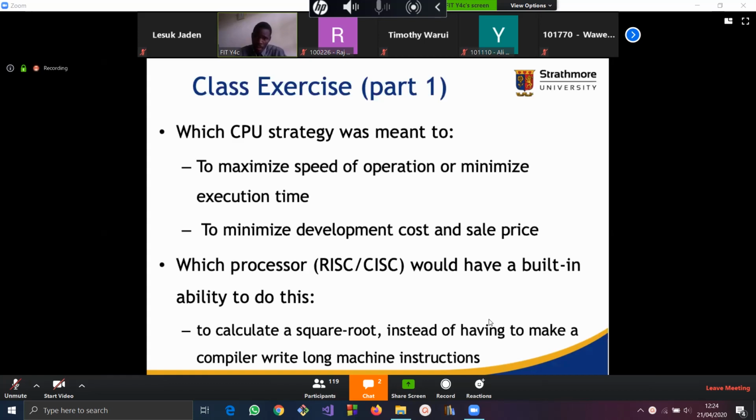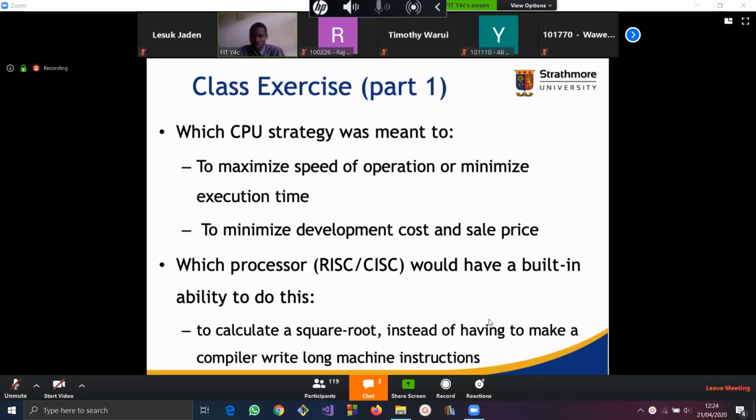It's true. So Anthony is asking a question: is the time needed to execute one instruction in CISC and RISC the same? That depends on the microprocessor you're using. Remember, we are dealing with two things here. You can have a microprocessor, maybe a 16-bit processor, and the microprocessor can use either strategy, RISC or CISC.